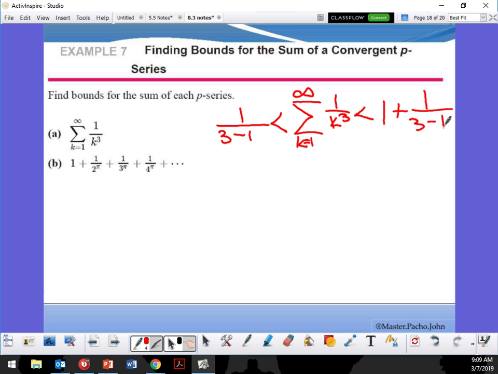So my bounds. Lower bound's going to be what? 1/2. And I'm just going to write out my sum here.